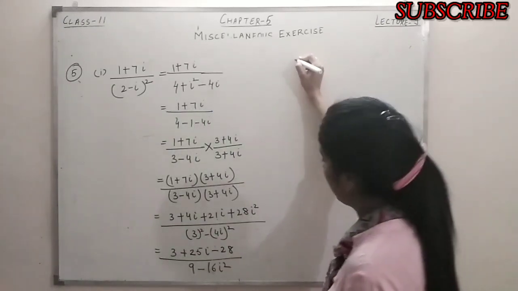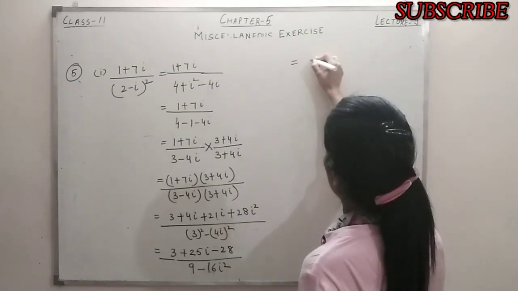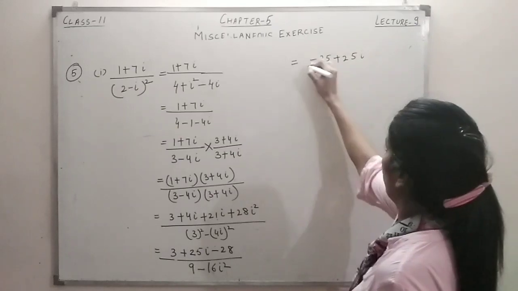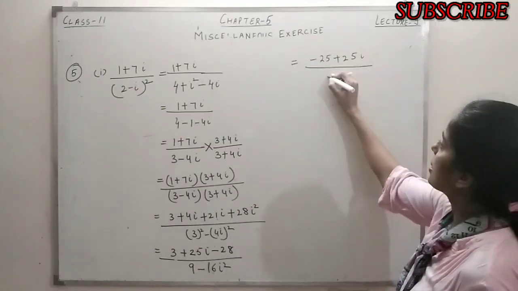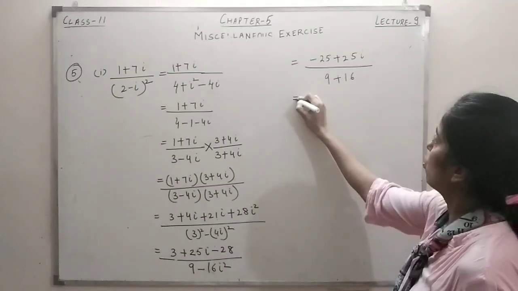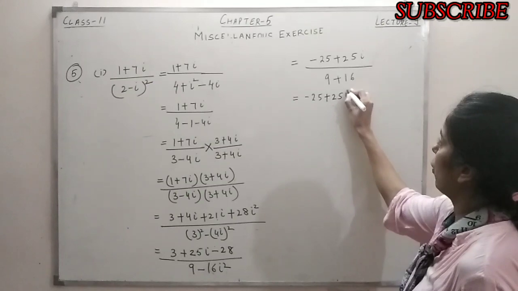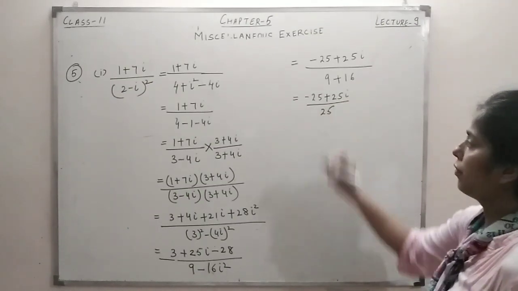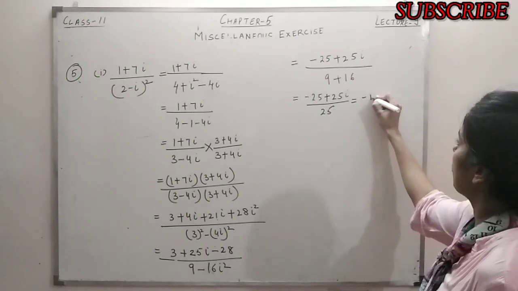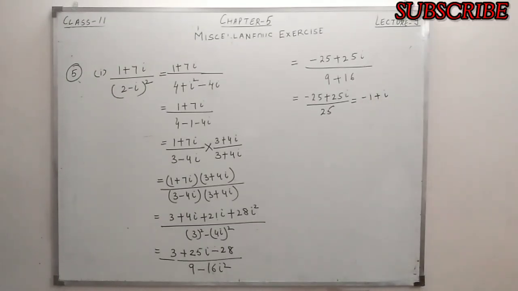So what we have, that is equal to 3 minus 28 is minus 25 plus 25i upon 9 plus 16. Right? So that is equal to (minus 25 plus 25i) upon 25. So 25 common, so we have minus 1 plus i. What we have? Minus 1 plus i.